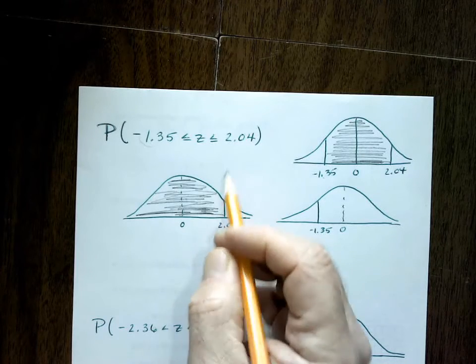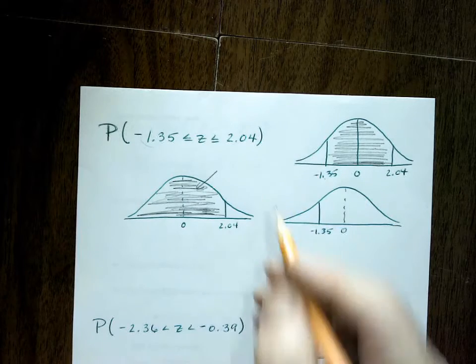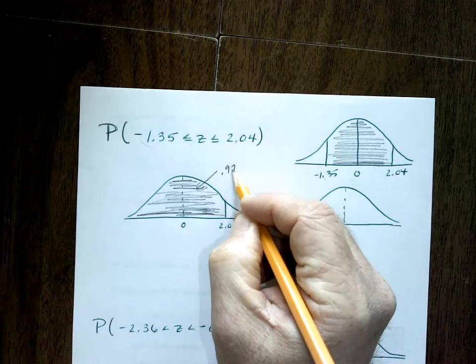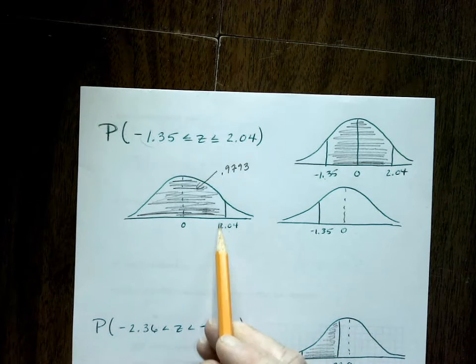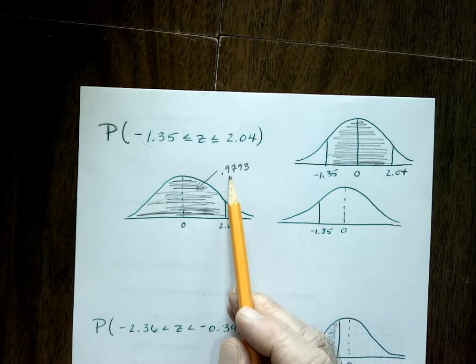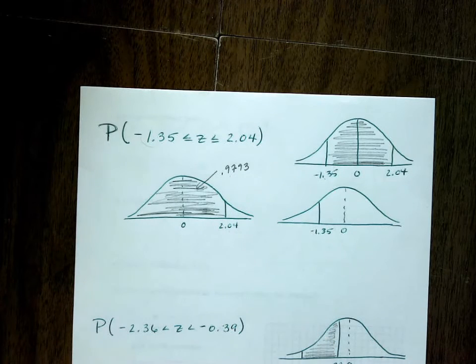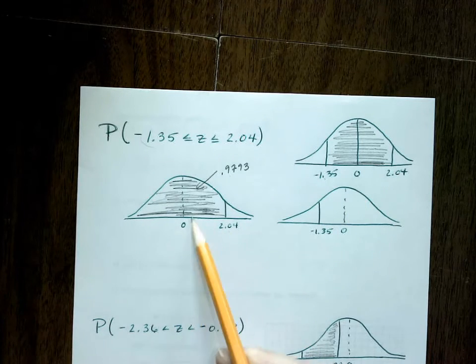And if you look that up, this area is 0.9793. So the probability that we are below 2.04 standard deviations above the mean is 97.93%. However, when you look at the original problem, that's a lot more than I want.